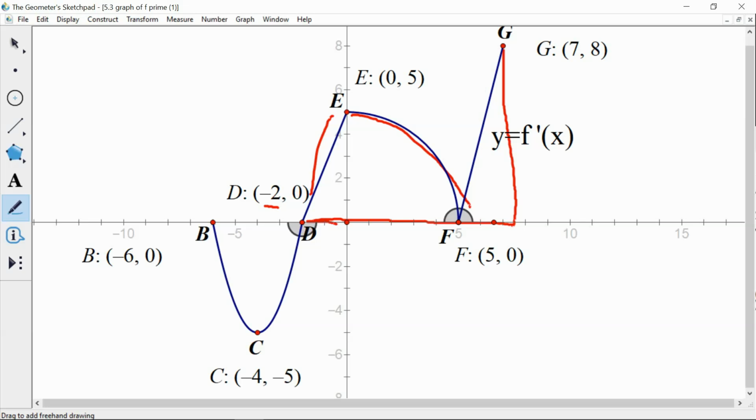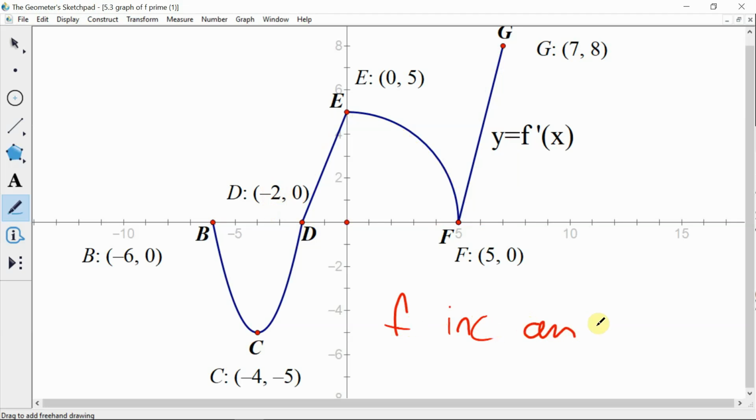So finally, the last piece here. Can you tell me where f is increasing and concave down? Which was my question here in this scenario. So it's increasing.